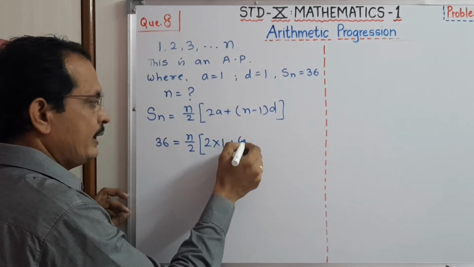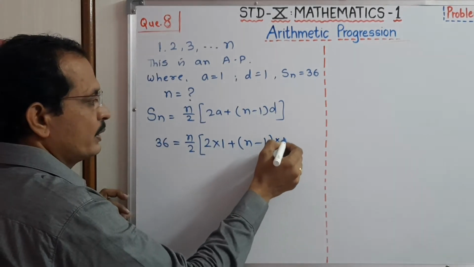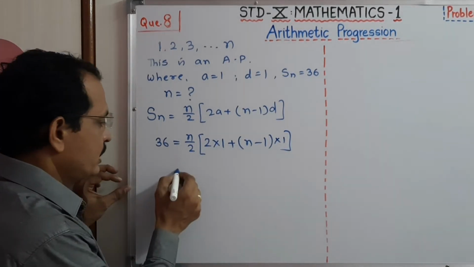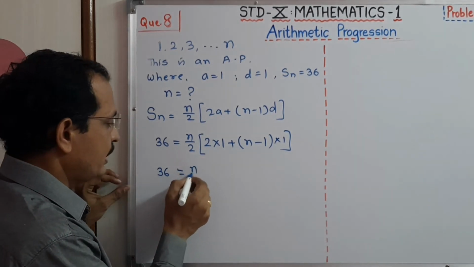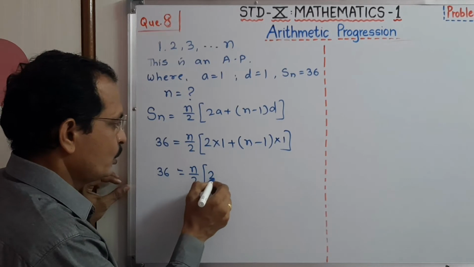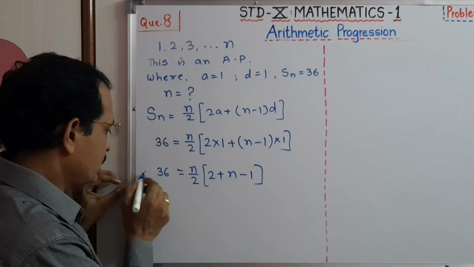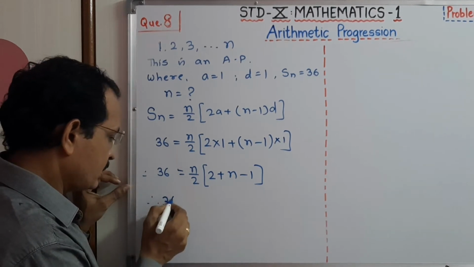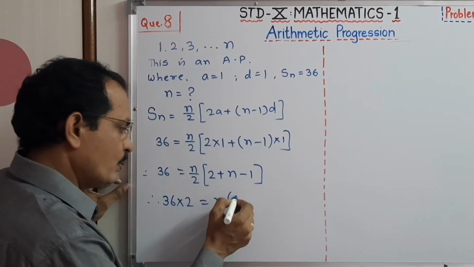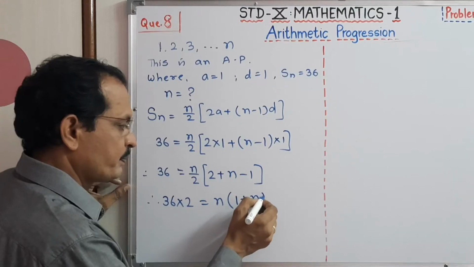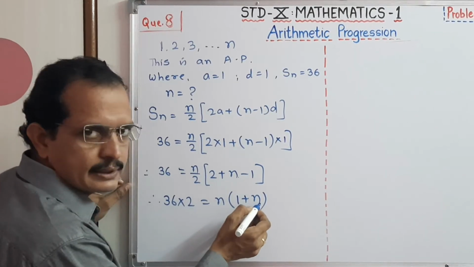Now see here, Sn, that is 36, is equal to n upon 2 into 2 into 1 plus n minus 1 into d, where d is equal to 1. Now see here, 36 is equal to n upon 2 into 2 plus n minus 1. Dear student, this 2 we can take here. 36 into 2 is equal to n into 1 plus n. 2 minus 1 is equal to 1, and this n as it is.